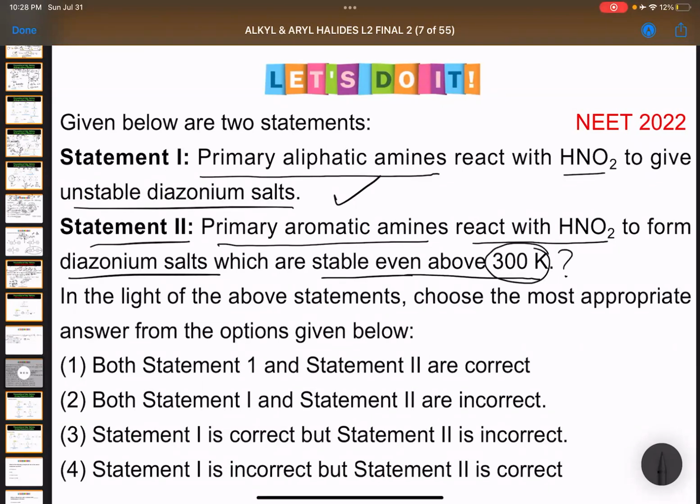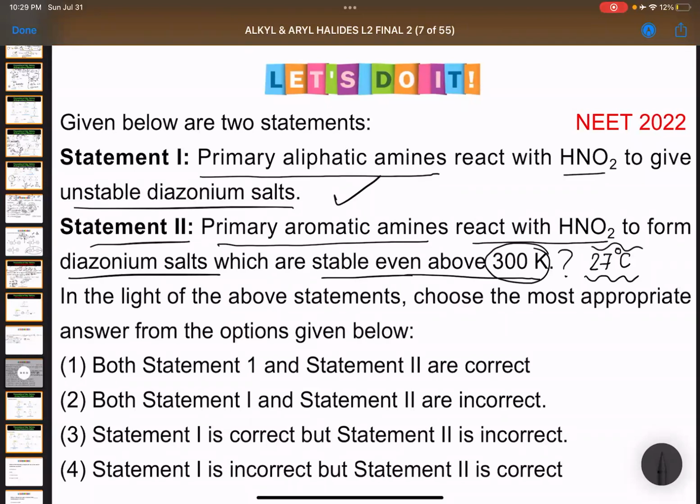How much temperature is 300 Kelvin? Hanifa and Samira, tell me in degrees Celsius. So everything was correct. Okay.